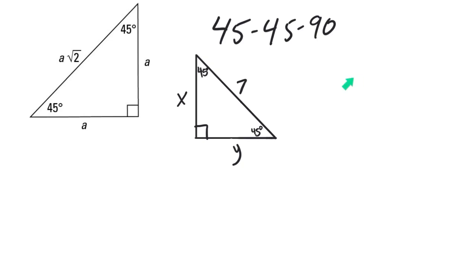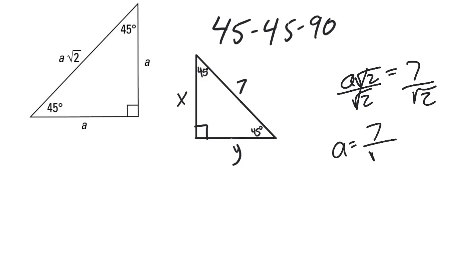So we have, let me get my marker. We have a times the square root of 2 is equal to 7. We want to know what just a is. We want to know what the legs are. So divide by square root of 2, and I get that a is equal to 7 divided by square root of 2.